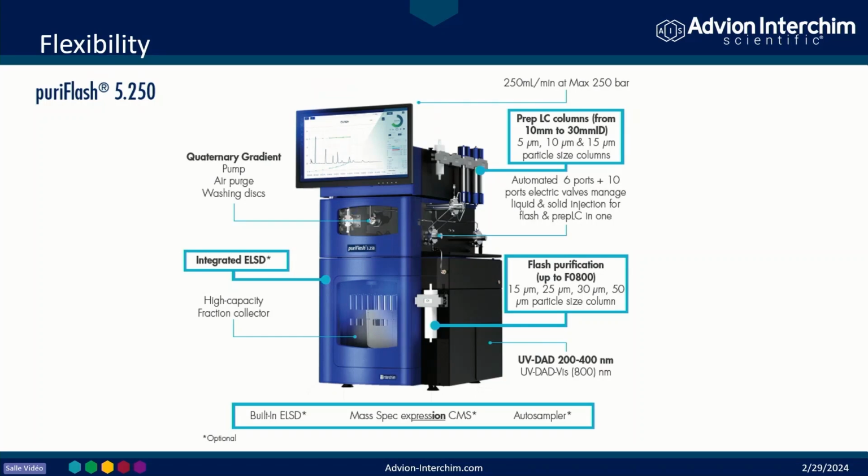So you can find the flow rate, 250 ml per minute, the maximum pressure, 250 bar, the quaternary gradient valve, the 3 column holders, the dual injection valve equipped with 2 loops, 2 dry loads, or 1 loop and 1 dry load, and of course the detectors, so UV by default, integrated ELSD, and mass spectrometer in option.